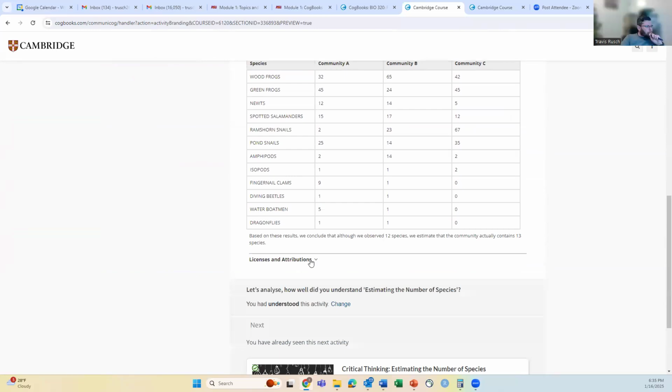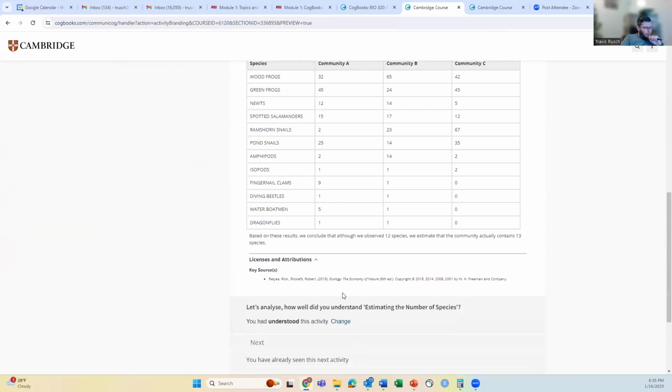I don't know the name of the formula offhand, but this is the paper that it stems from. It was published in the Ecology, the Economy of Nature textbook, and this will have a lot more information on the specific equation in this reference.